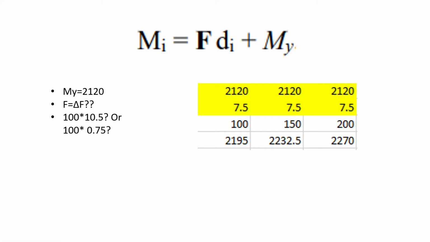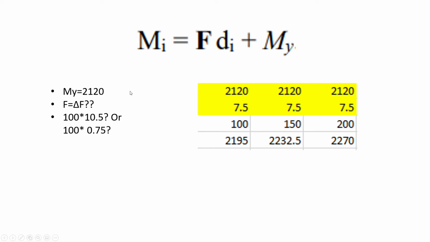From here, this is where things got a little dicey for me, and I went back and forth with other group members. I know with Charlie and with Carolina and Savannah, but we know that our F force times the distance plus the My is going to give us our Mi over here, and so our My is 2120.